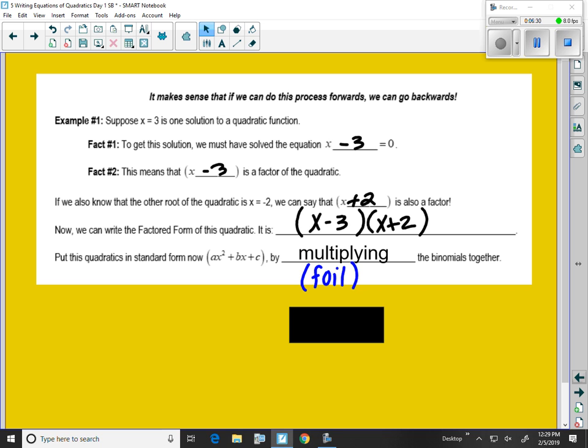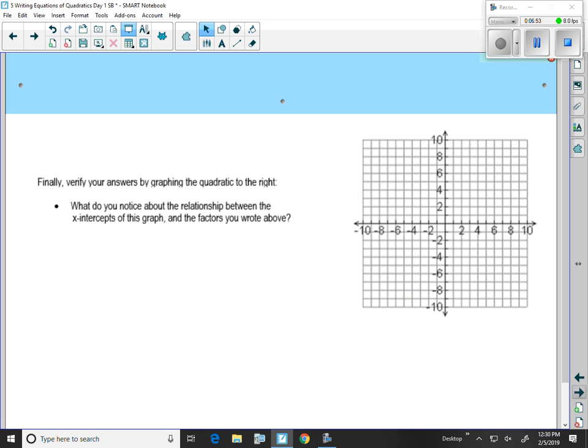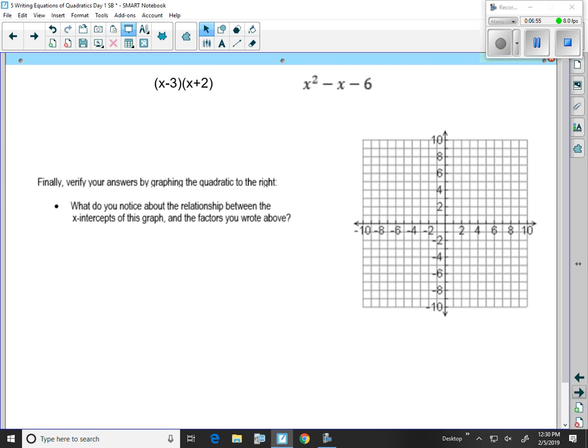Did you already do it? Okay, we should get x squared minus x minus 6, yes?